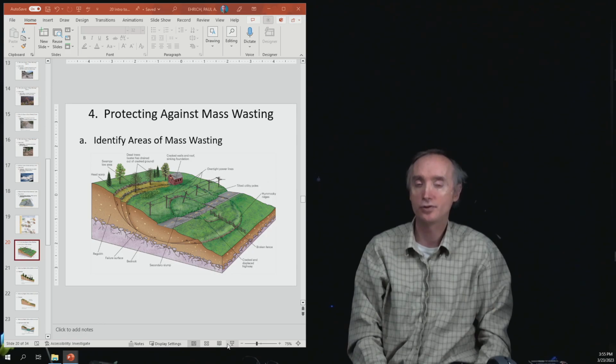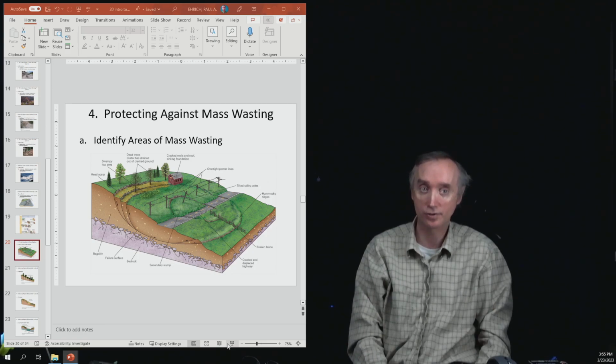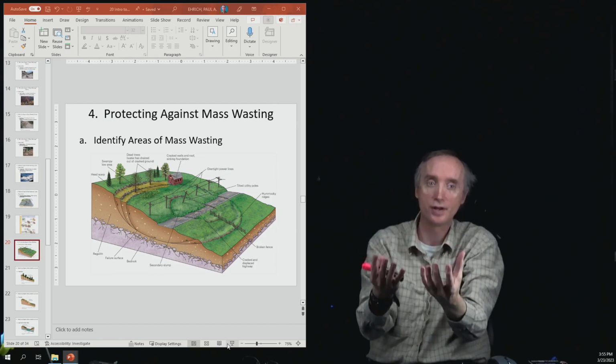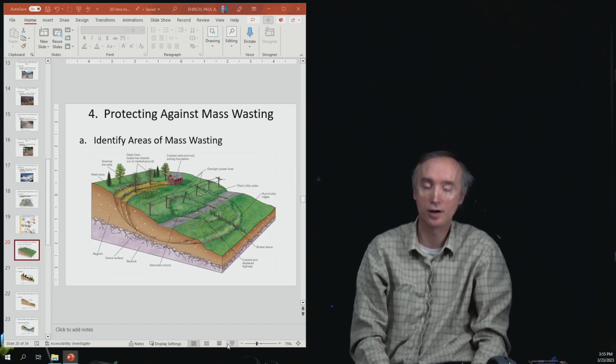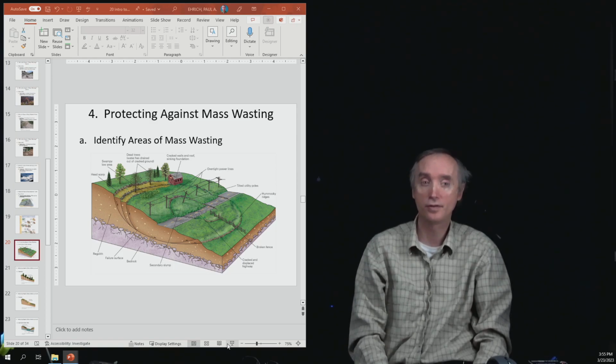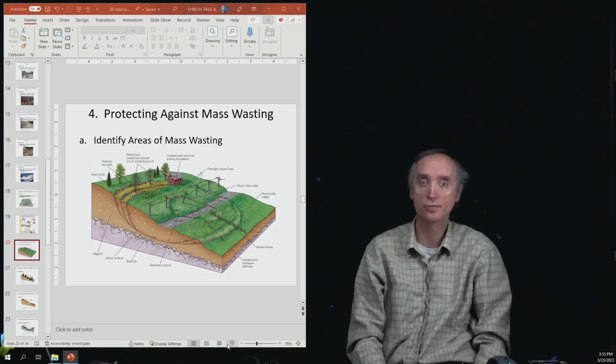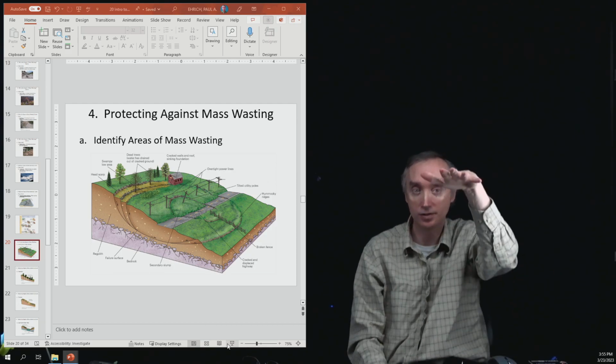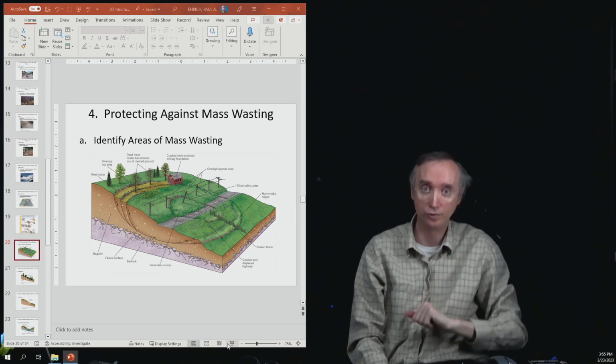Another thing might be a change in the vegetation, so that in the place where the ground has been pulled down, the vegetation could have died as a result. Another thing is on that house or barn there, you'll notice that the foundation could be cracked because it was resting on top of this material that moved.